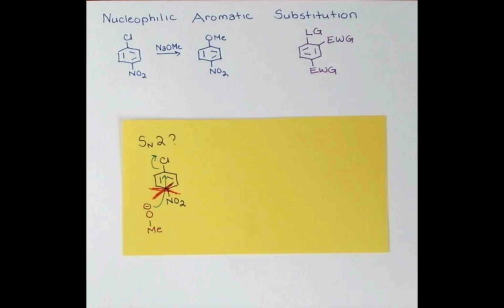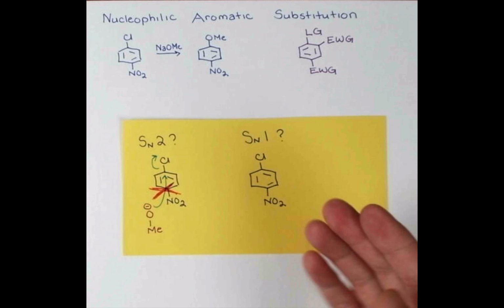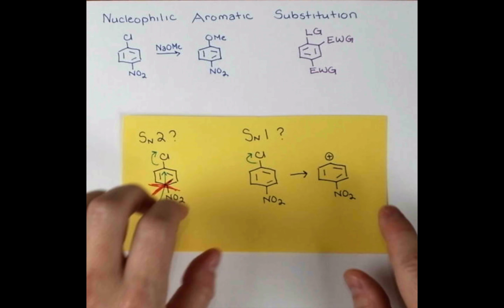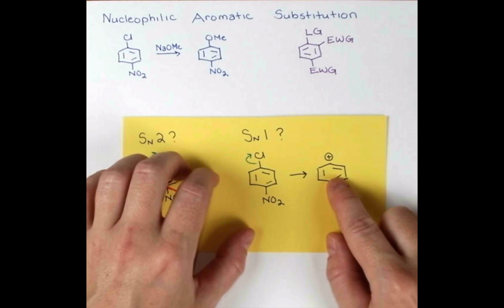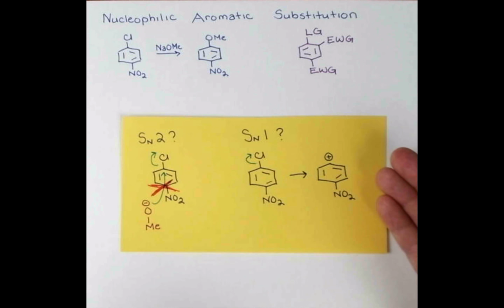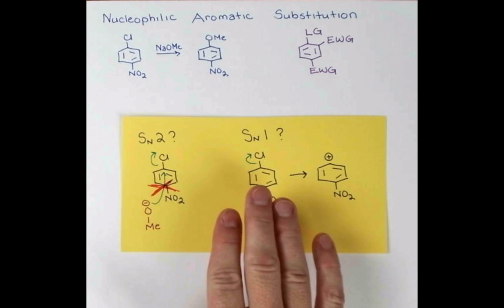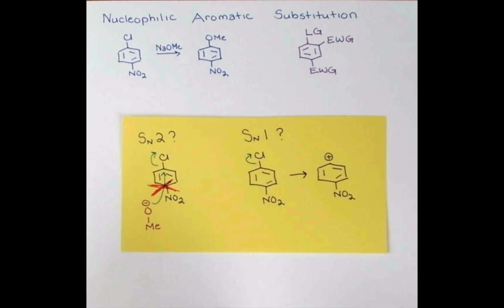Okay, what about an Sn1 mechanism? For an Sn1 mechanism to occur, this halide would have to leave on its own. Now this aryl cation is pretty high energy. That doesn't mean it's impossible to form. We see it form from aryl diazonium salts, and I have a video on that mechanism if you're interested. However, halides are not good enough leaving groups to promote the formation of this aryl cation.